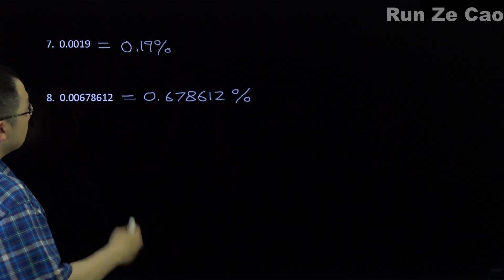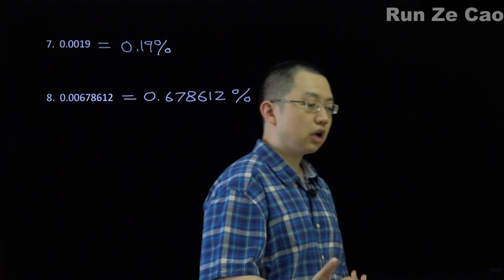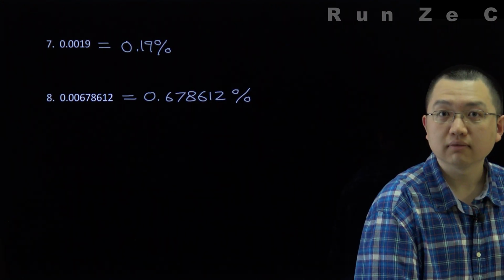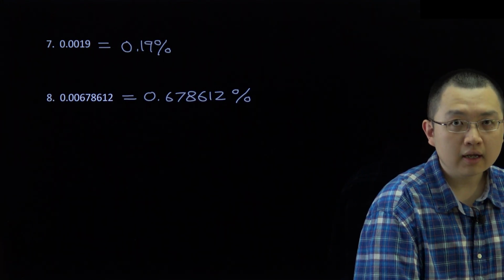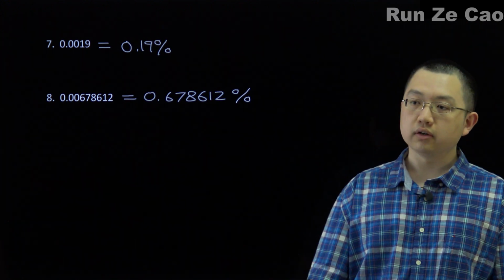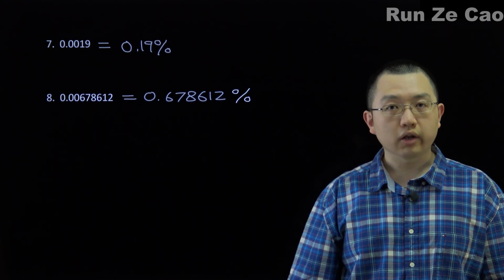And we can see that percents are just another type of ratio, just as we showed before that they're just another type of fraction. And as with fractions, decimals in general, and ratios in general, they are easily interconverted.